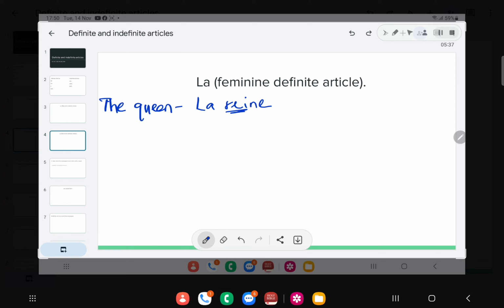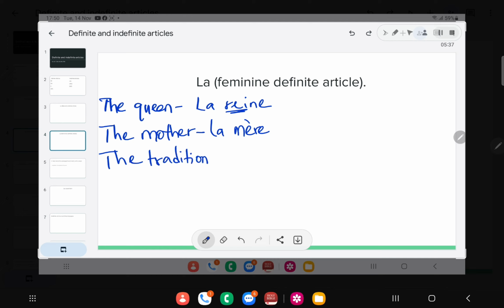The second example will be the mother. Here we have la mère. La mère. The third example will be the tradition. That is la tradition, the tradition.